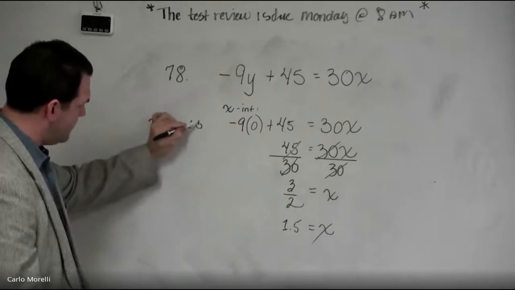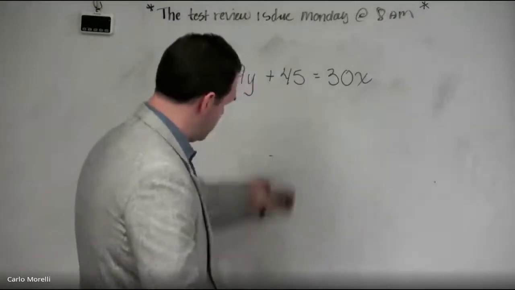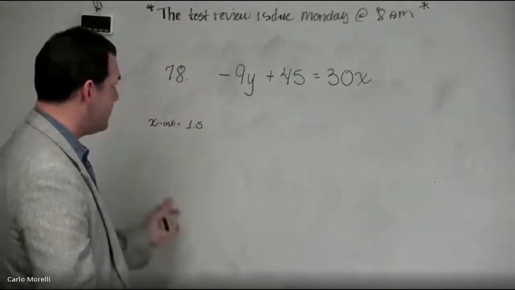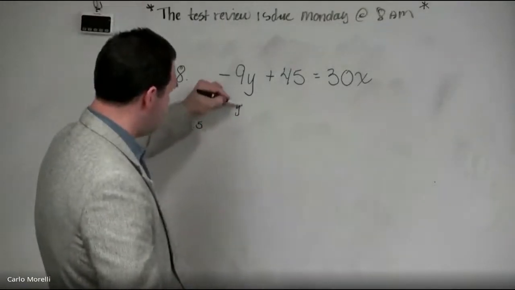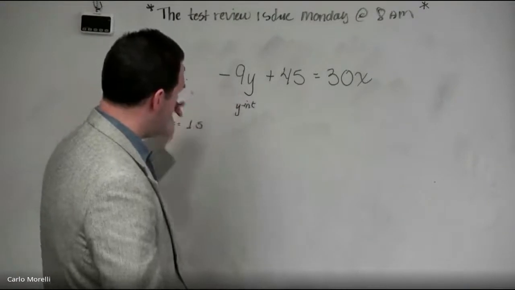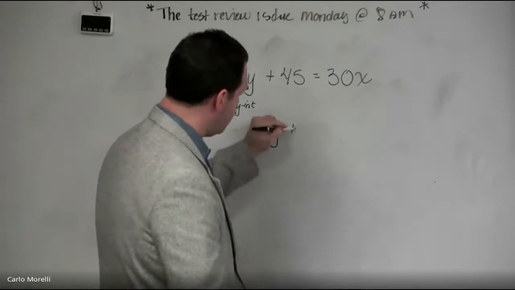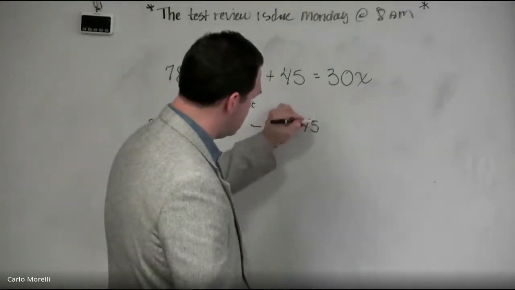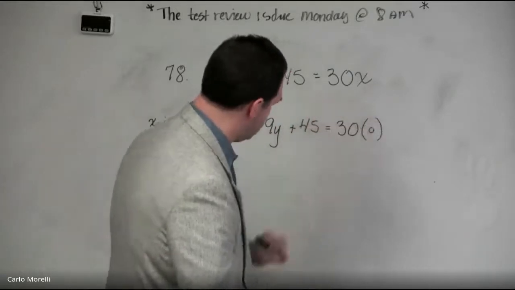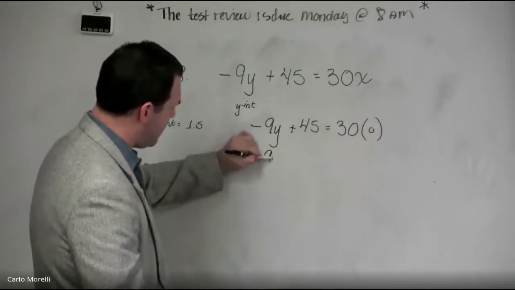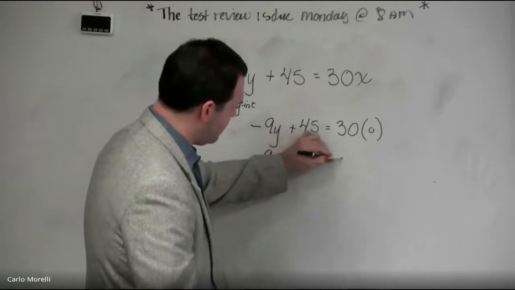All right, so now I need to know the y-intercept. In this case, I'm going to replace x with a 0. So for my y-intercept, I'm going to write negative 9y plus 45 equals 30 times 0. So that gives me negative 9y plus 45 equals 0.